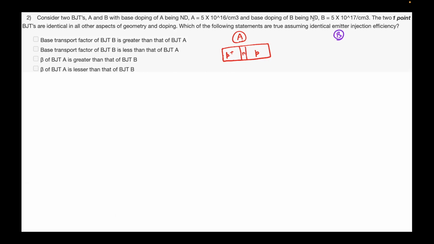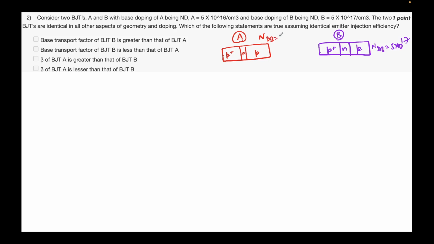It's also a PNP, because you see ND written here. So we have device B, again P plus, N and P. This time NDB here is given as 5 into 10 to the power 17 per centimeter cube, while for the first device we had 5 into 10 to the power 16.